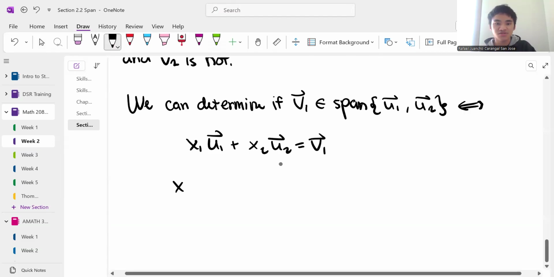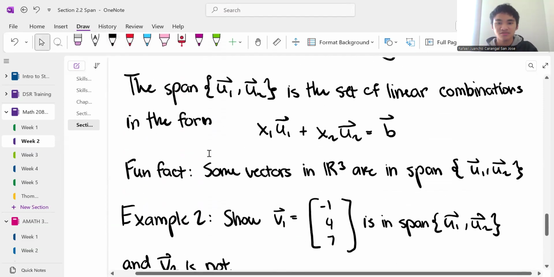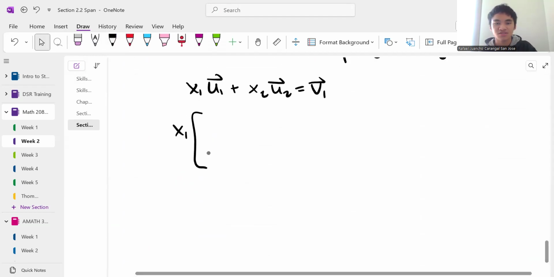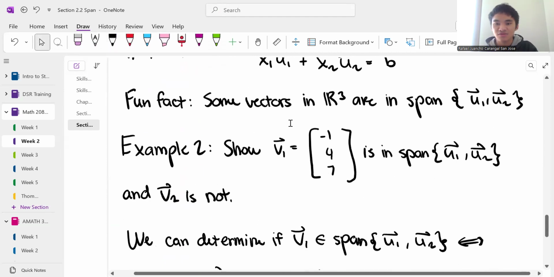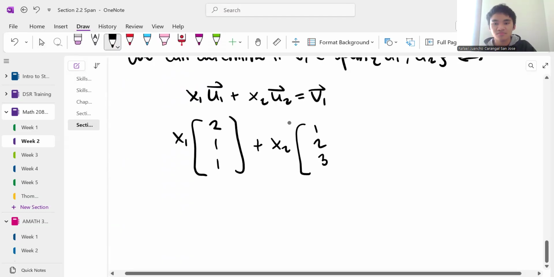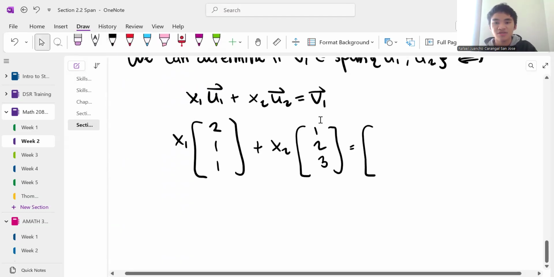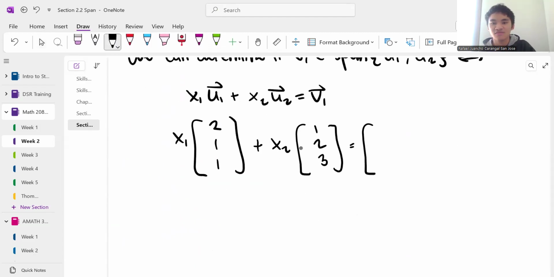So let's translate that. u sub 1 can be expressed like this. u sub 2 is the vector 1, 2, 3. And v sub 1 is negative 1, 4, 7. So if we manage to find an x sub 1 and x sub 2, these scalars, then there is a linear combination. And if there is a linear combination, then we know it's in the span, right?